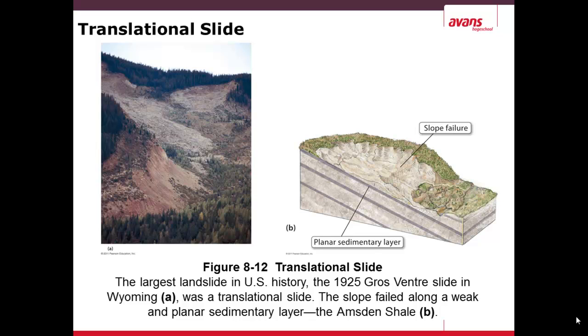In this instance, you see a picture on the left-hand side, which was the largest landslide in the United States, 1925 in Wyoming. It was a translational slide. The slope failed along a weak and planar sedimentary layer, which is on top of the Amsdale shale layer.